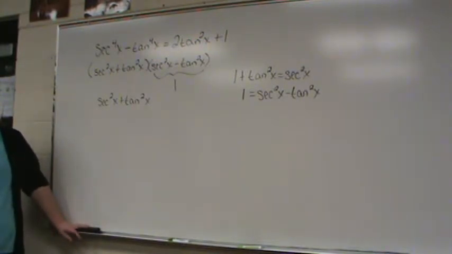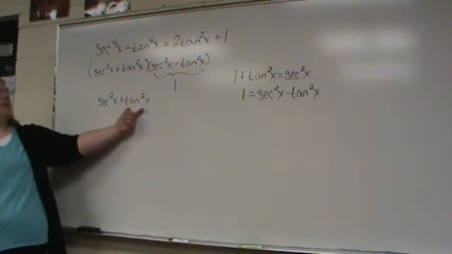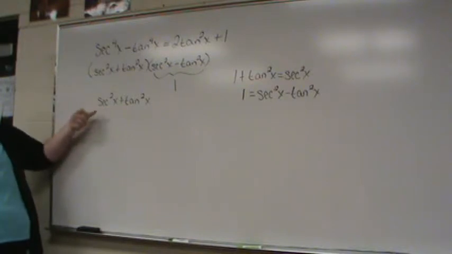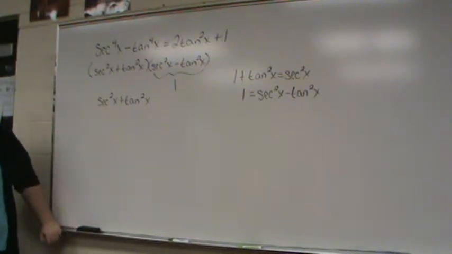So we're trying to get to 2 tangent squared x plus 1. So we have 1 tangent squared x right here. So we must have to do something to this secant squared x. What can we do to that secant squared x?